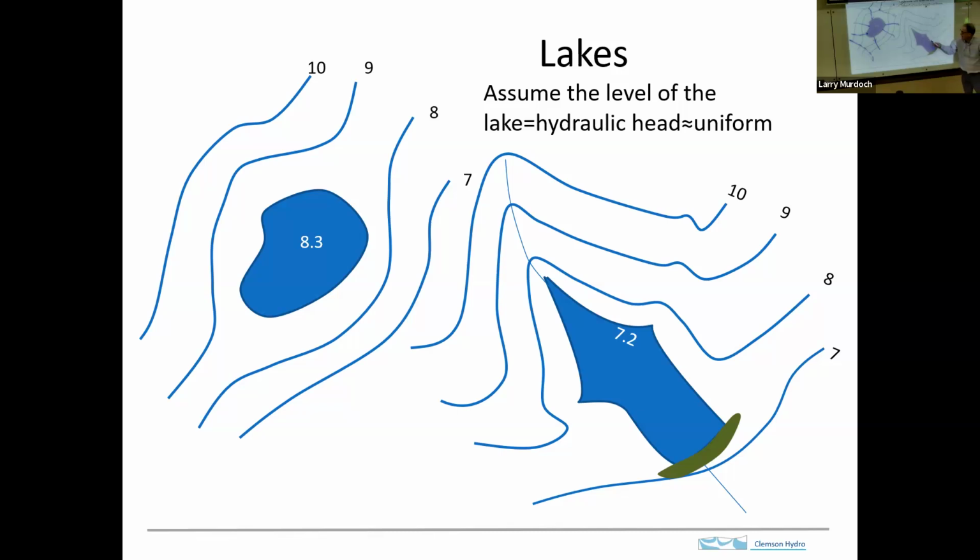We have the stage of the lake here, and we can see that we've got flow going into the lake, and it's going in here and here, here. And then the head is at 7.2, and here it's at 7. So here the head is higher. We've got flow from this point to that point going like that.